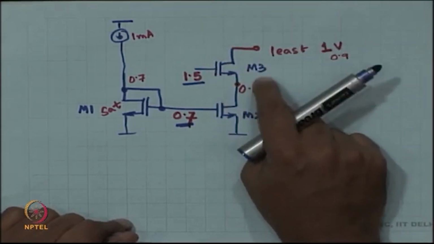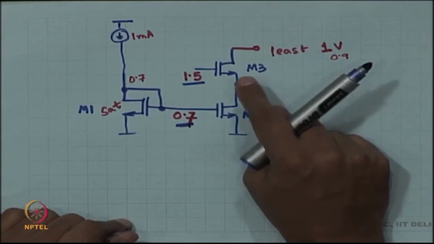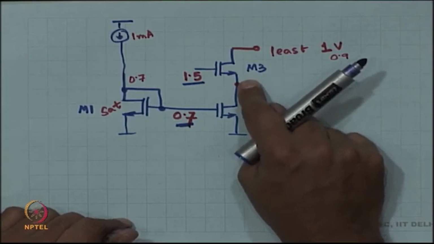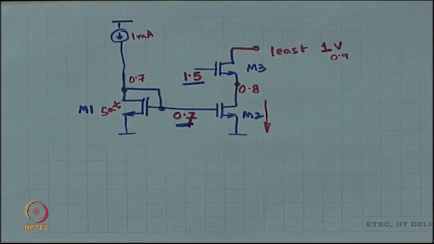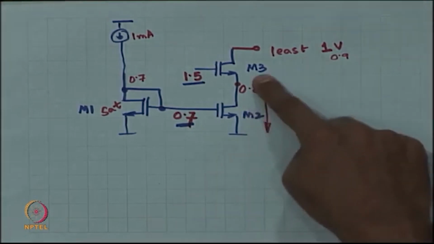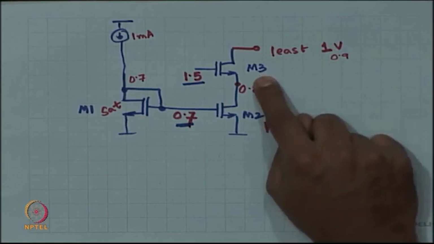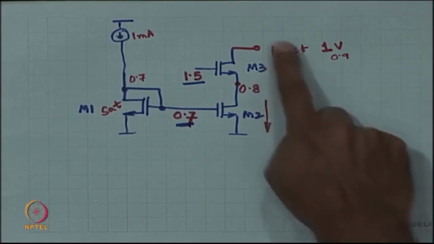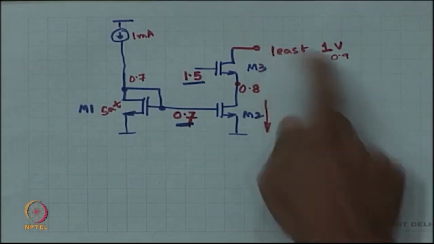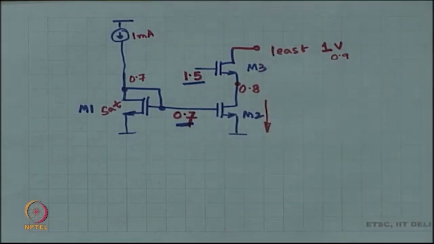If this device drops out of saturation, then the intrinsic gain of M3 reduces, okay, substantially, which means that the output impedance of the entire circuit reduces, right. So, it will not be as large as it used to be. However, it is still conducting the same current.